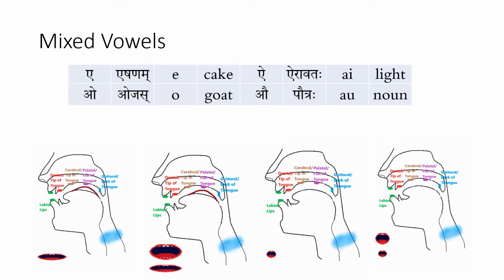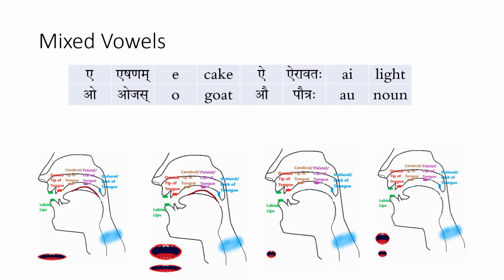The last four are the mixed vowels because they are a mixture of the vowels we saw before. The first one here is A, as in the word Eshanam, or in the English word cake. After the k sound there is A, cake. Something like that, A sound.